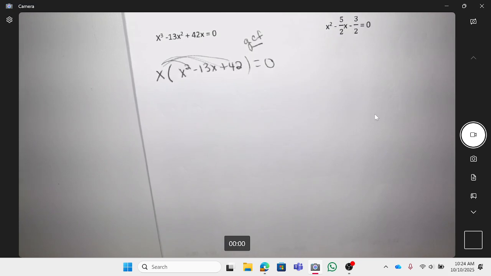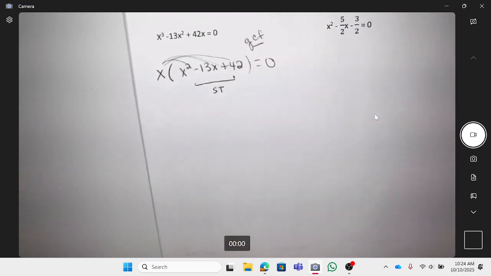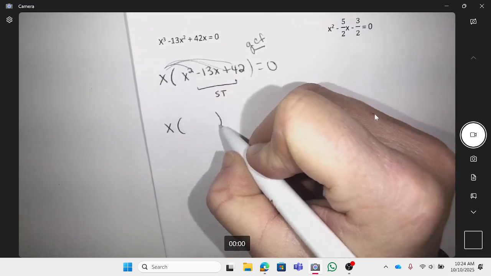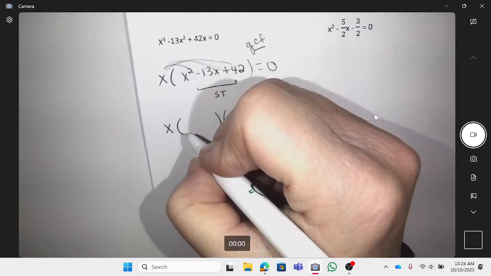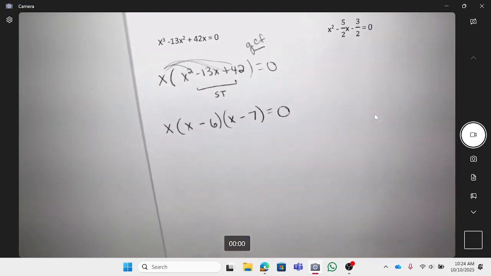This question is one where there's more work. It's not just a one-step factor, there's more factoring. So now this is a simple trinomial. Please make sure you keep the x in the front. So you have to get to 42. Again, multiplication facts, they're in your brain, right?